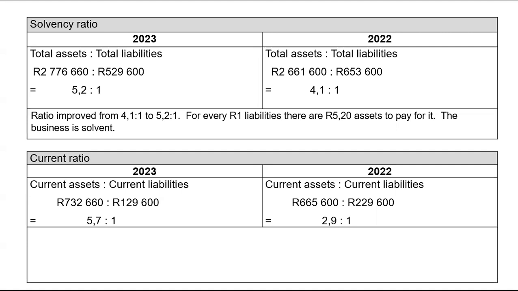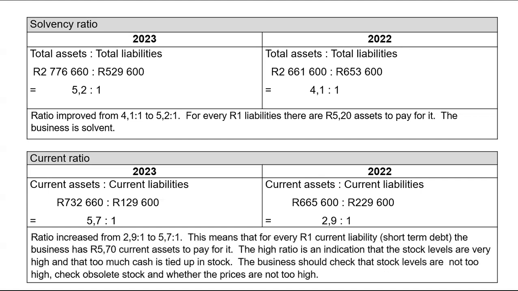Last year, for each 1 rand of a current liability, your current assets amounted to 2.9 rand. This year, for each 1 rand of your current liability, your assets will be 5.70 rand. So it has improved. You need to state that when you comment that the ratio has increased from 2,9 is to 1 to 5,7 is to 1. And that is good, okay?